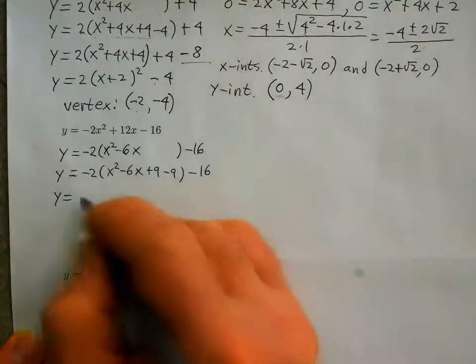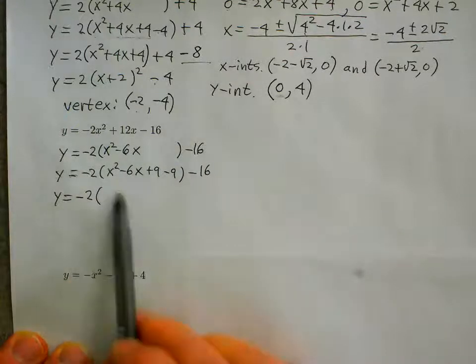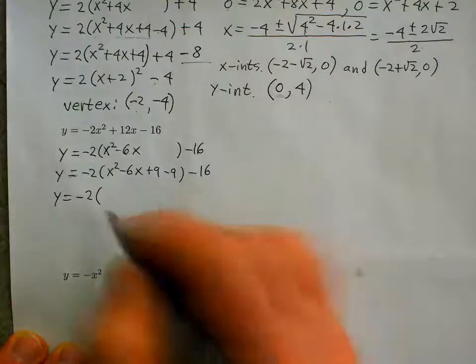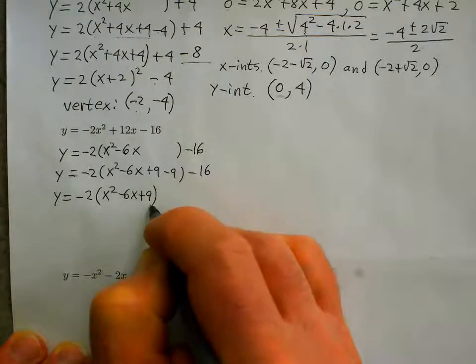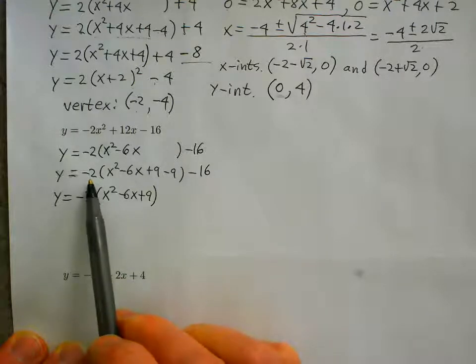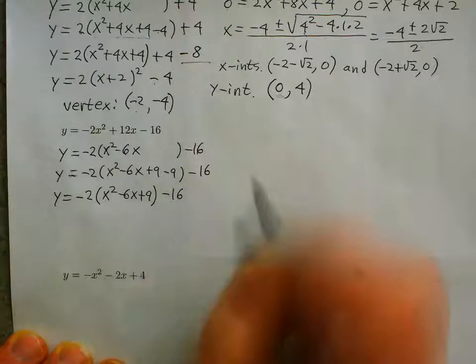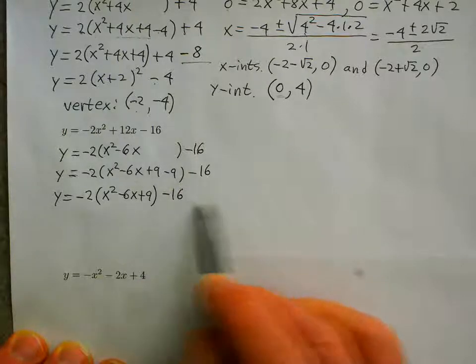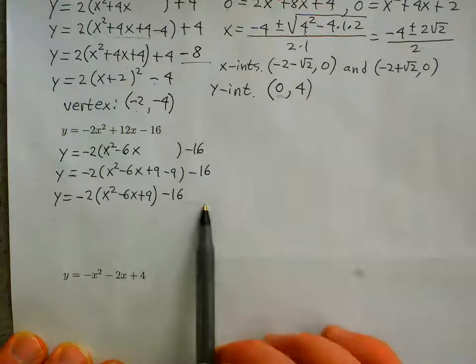Okay, in the next step, we retain the perfect square trinomial, x squared minus 6x plus 9. And we already have a minus 16 on the outside, but together with that, what goes with the minus 16 on the outside?